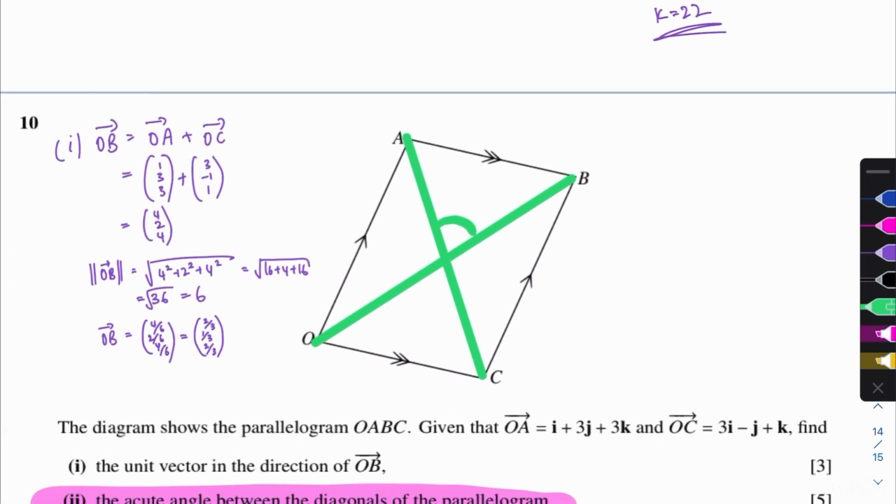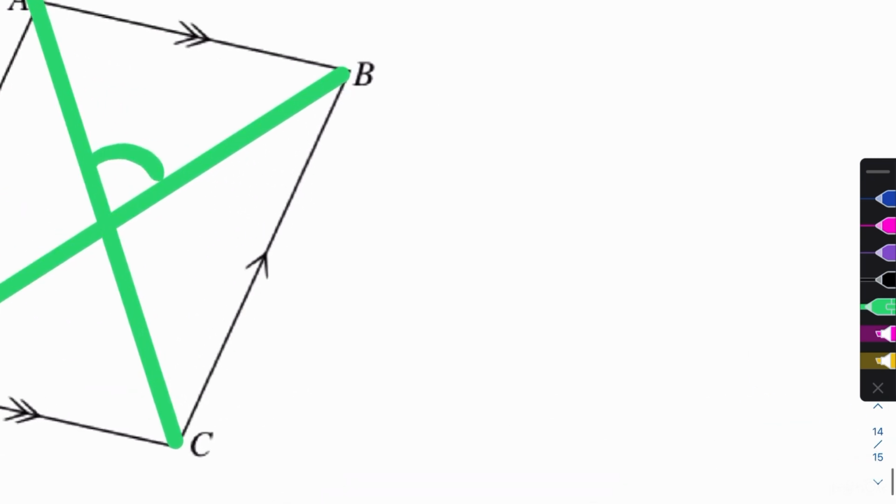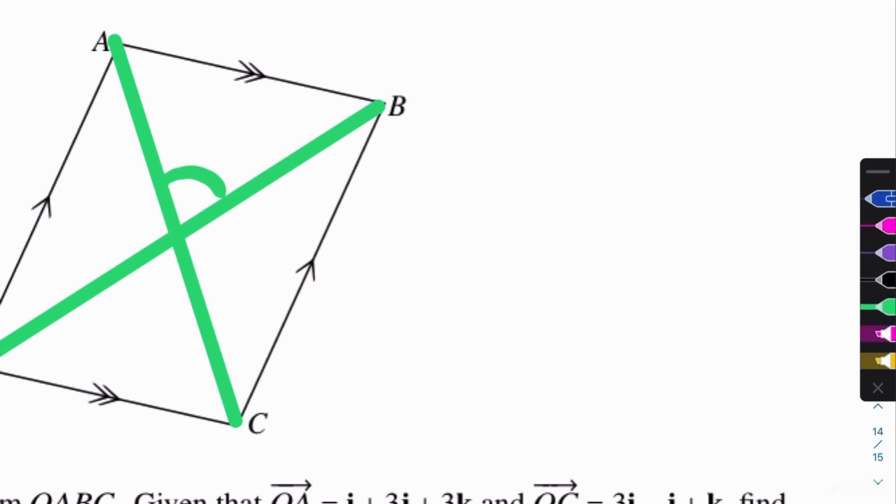So for this, we are going to use the formula cos theta equals A dot B over the magnitude of A times the magnitude of B. So this theta is the angle that we're talking about, and A and B are the two vectors involved.